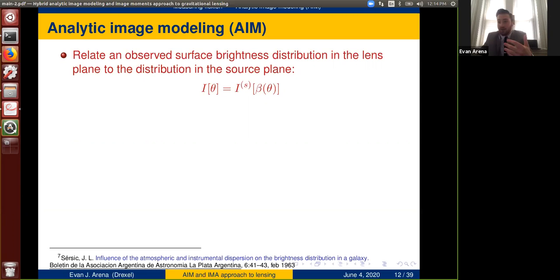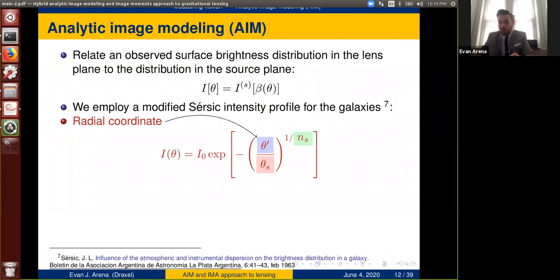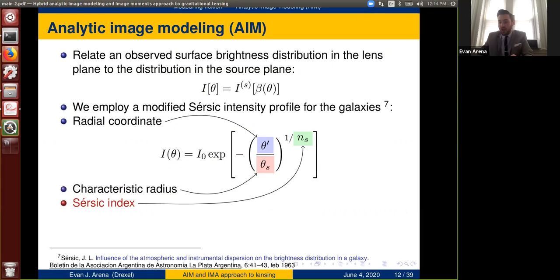We can write down a functional form of the surface brightness of a galaxy as a function of radial distance. We employ a modified Sersic intensity profile for the galaxies, where theta prime is the radial coordinate, theta s is the characteristic radius, and ns is the Sersic index, which controls the steepness of the profile.